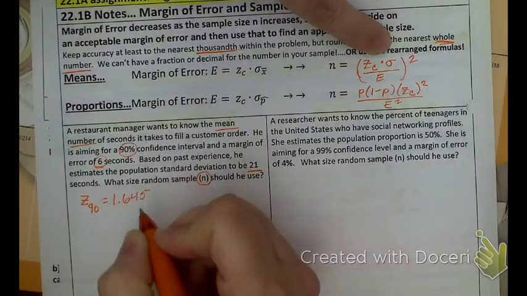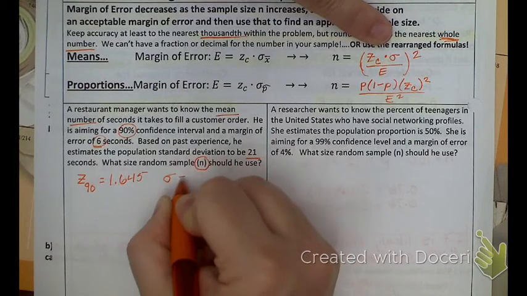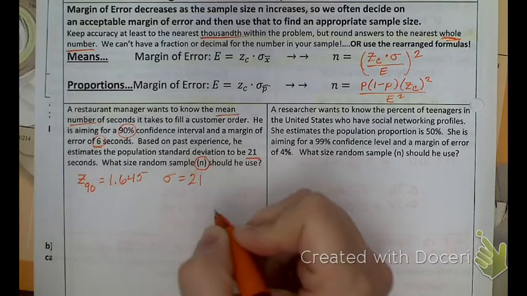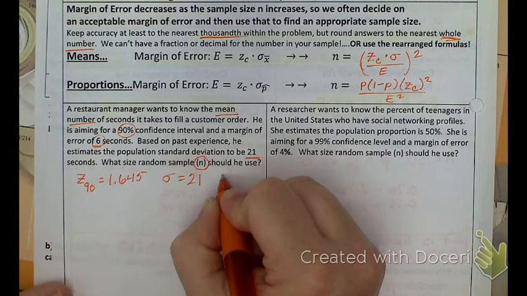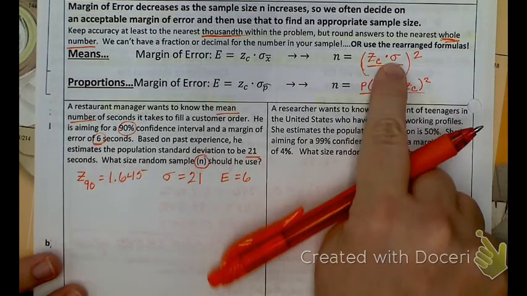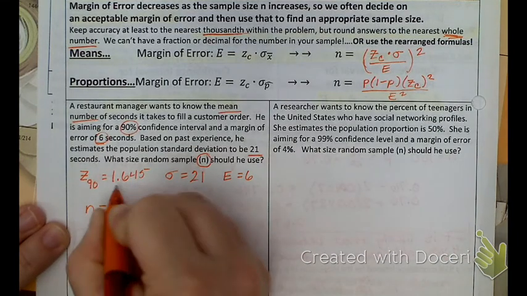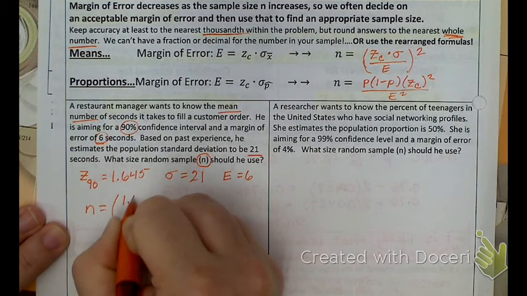We also need the standard deviation of the population, which he estimates to be 21 seconds. We need the margin of error that he's wanting, and that's 6 seconds. And I think that's all we need. So, to find our sample size, we take z sub c, which is 1.645.